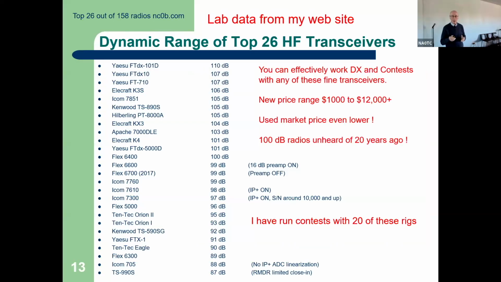And so, since you have seen my website, now this is the top 26 radios, not the first 26 on the listing because there's duplicates. There's a K3, there's a K3S, there's even a K3S compared to a Flex. Then there's all the direct sampling radios, like a K4.